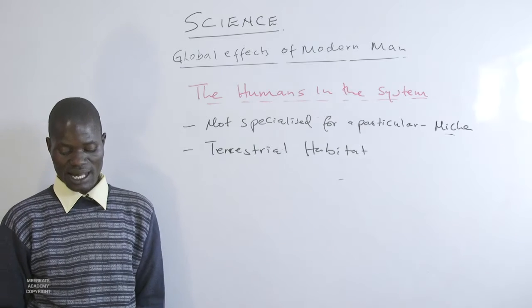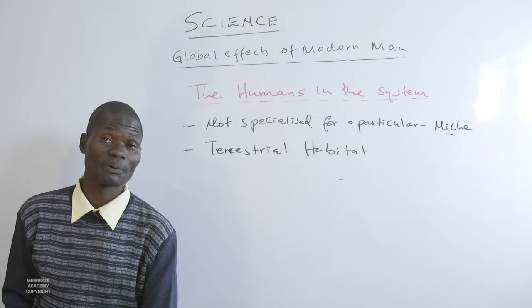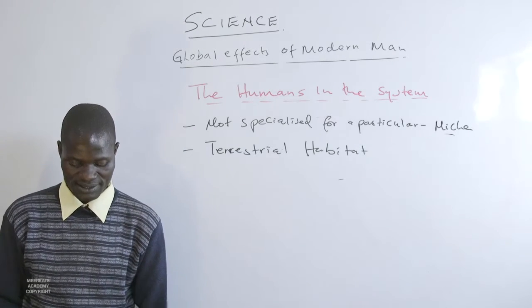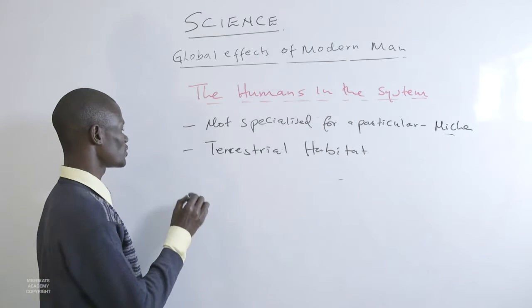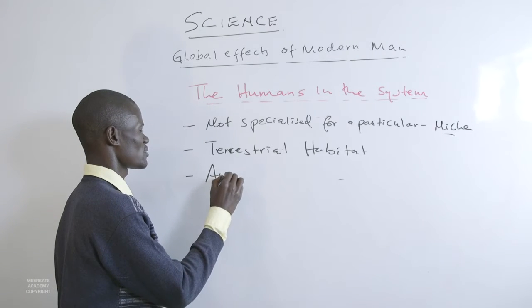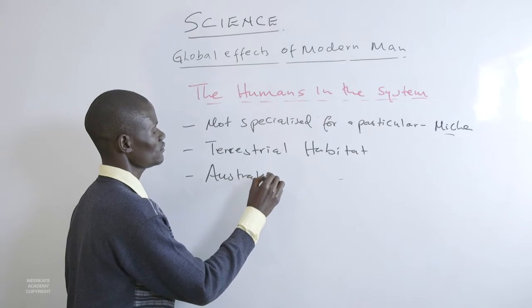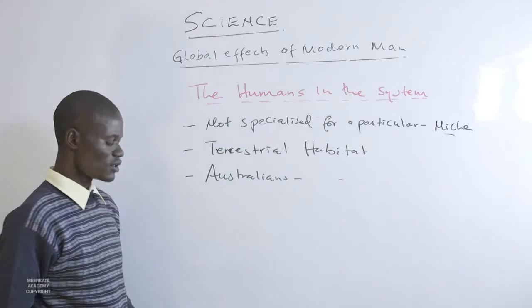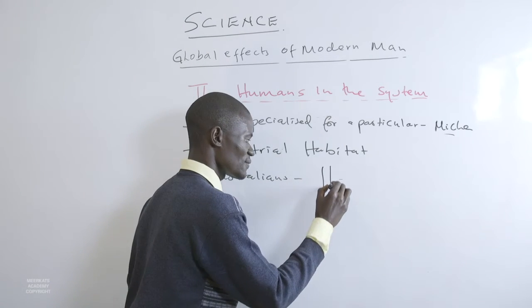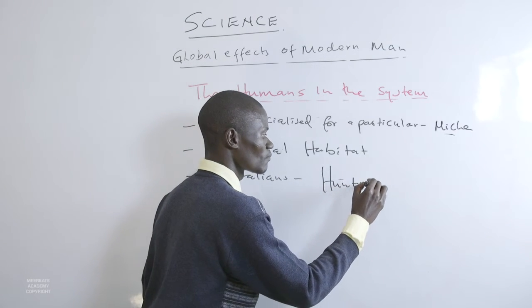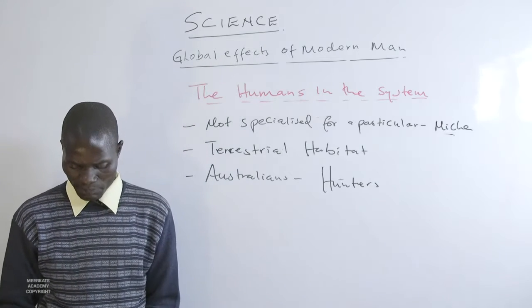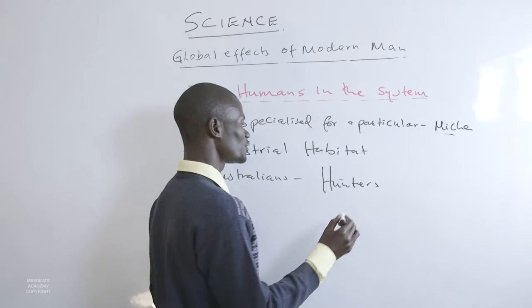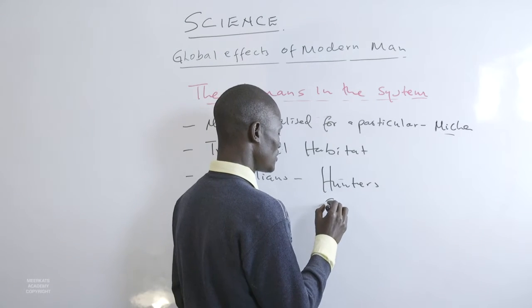When we look at the first Aboriginal people, that is the first Australians, most of them were hunters, and in the process, they could also gather.